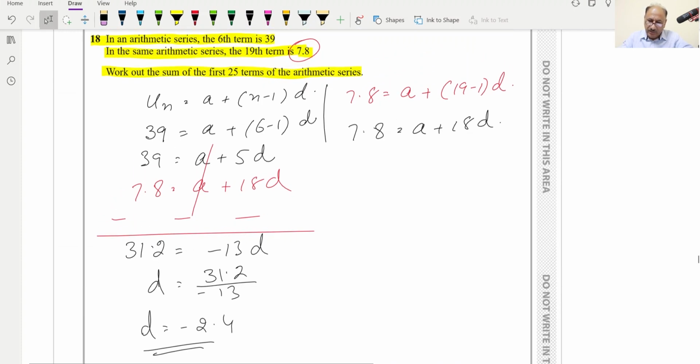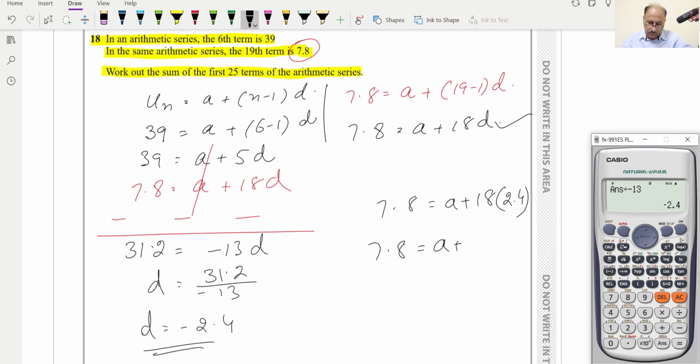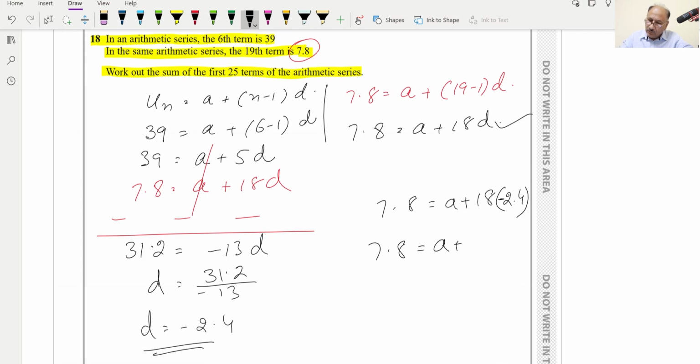Now we can find the a value by replacing this d value in either of the two equations. I'm replacing in this equation: 7.8 is equal to a plus 18 into d, which is minus 2.4.